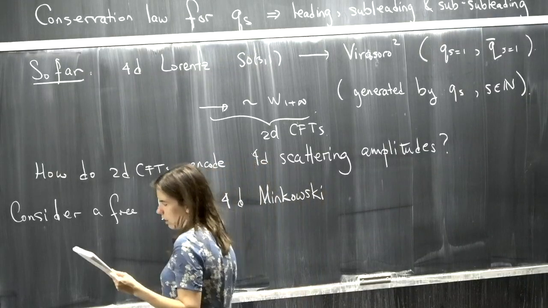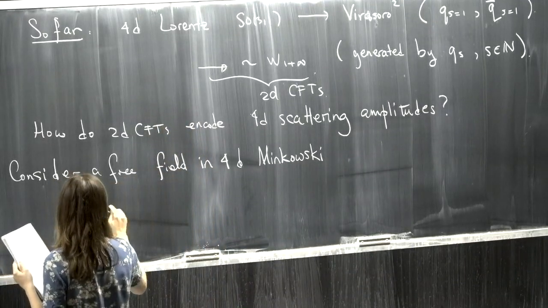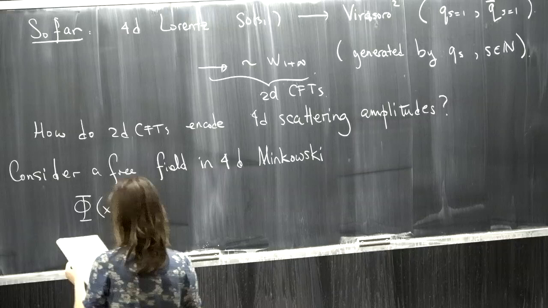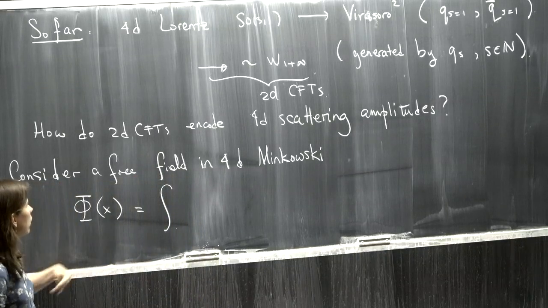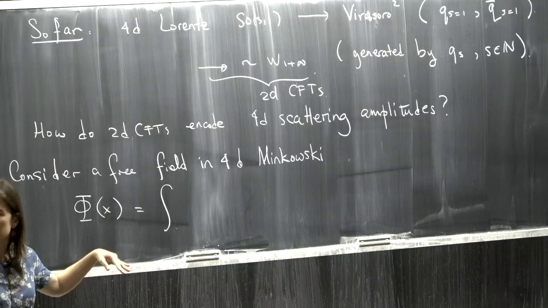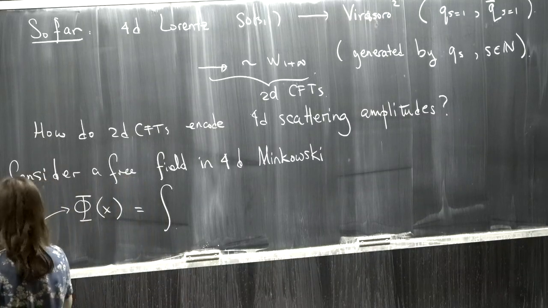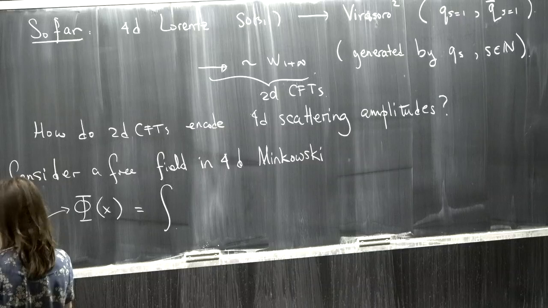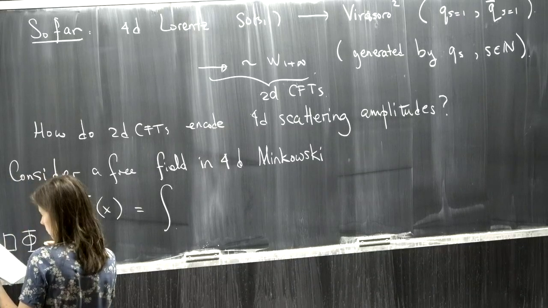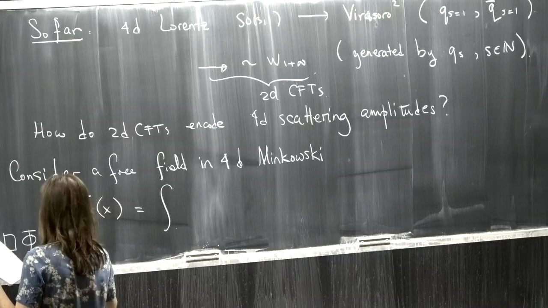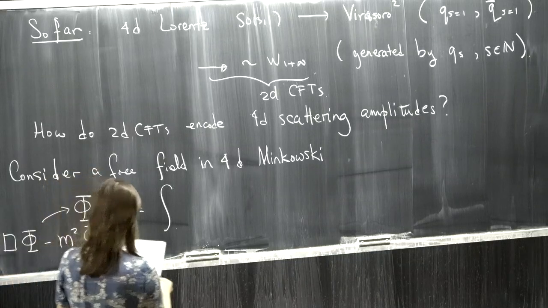So this is QFT 101, and we've written this before, but let me just write it down again to remind you. We have some field in the bulk that obeys the equations of motion. So this solves box phi minus m squared phi is equal to 0.